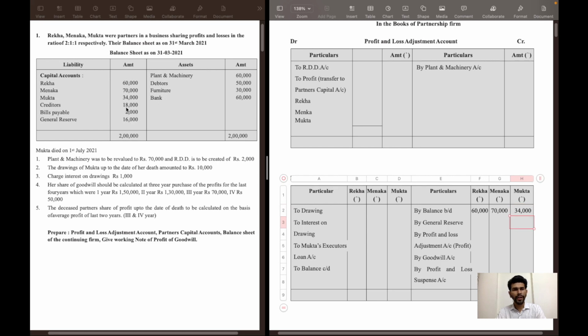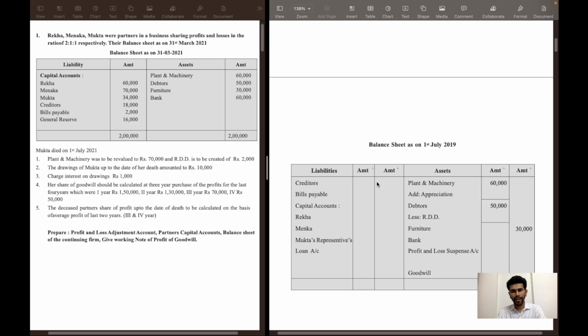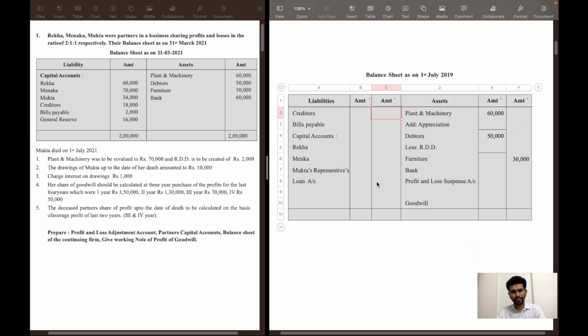The amount of creditors is 18,000 rupees. We will write in balance sheet creditors 18,000 rupees. Bills payable 2,000 rupees. And general reserve 16,000 rupees.